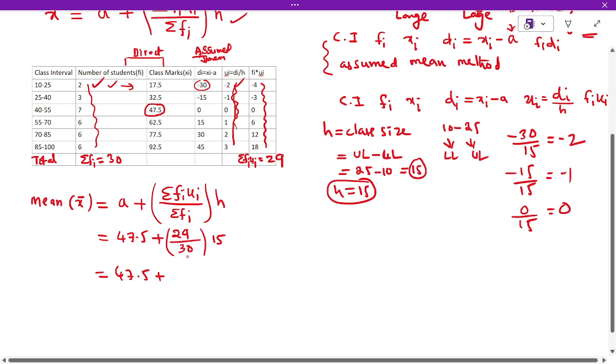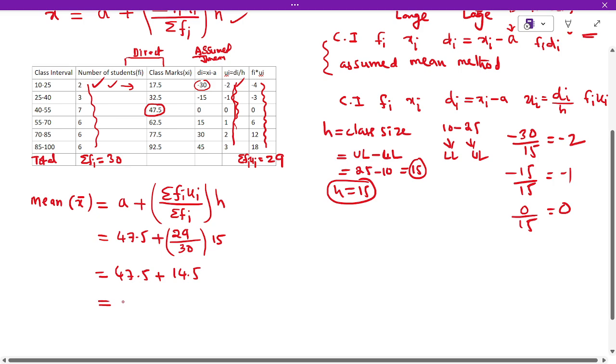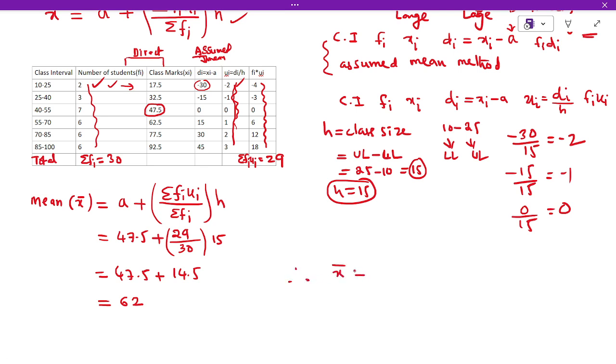If you simplify this further, 47.5 plus 14.5, you get again the same number, 62. So the mean x bar is equal to 62.